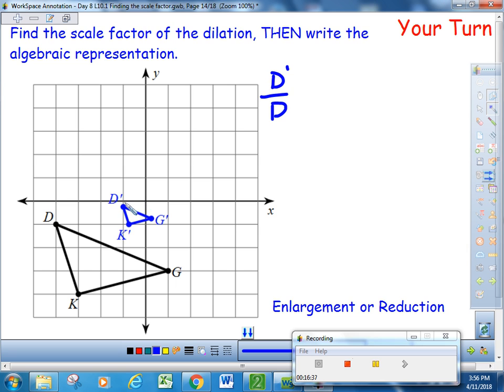So for D prime, the ordered pair is -1, -0.25. And D is -4, -1.